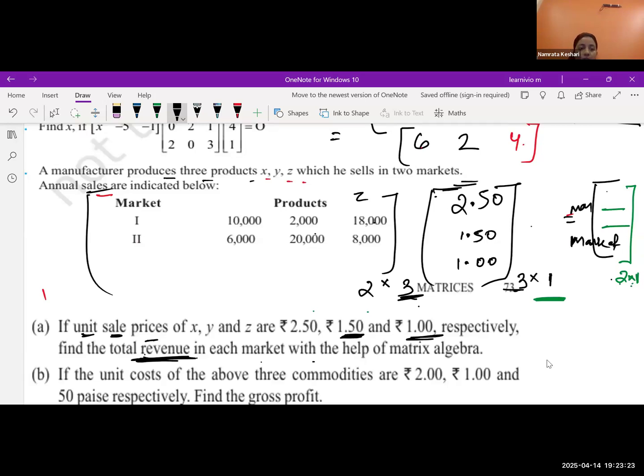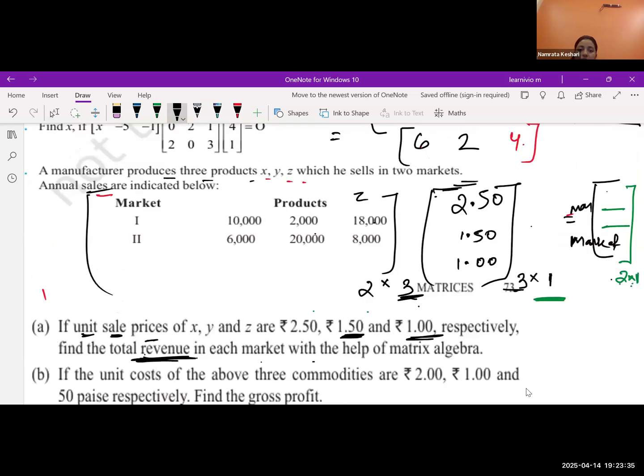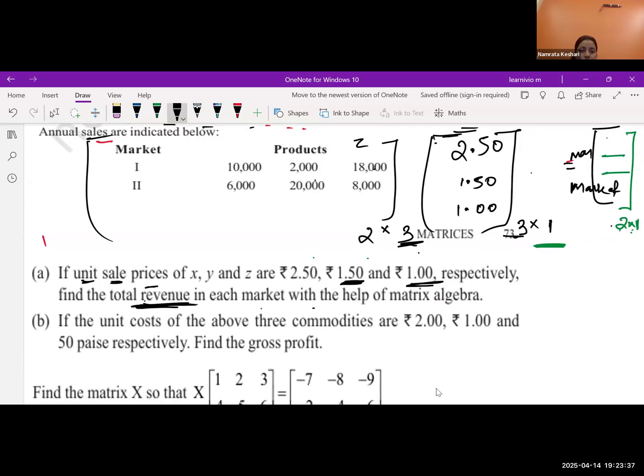Clear. Let's move. If the unit cost of above three commodities are this, then find the gross profit. Okay, gross profit means how much, wait, if the unit cost of the above three commodities are this.